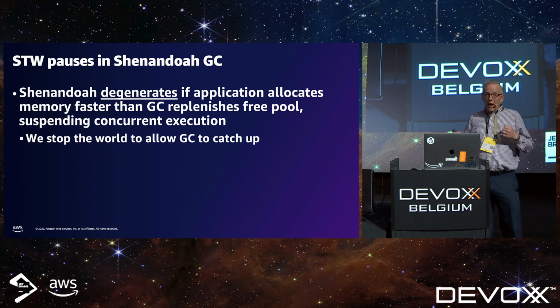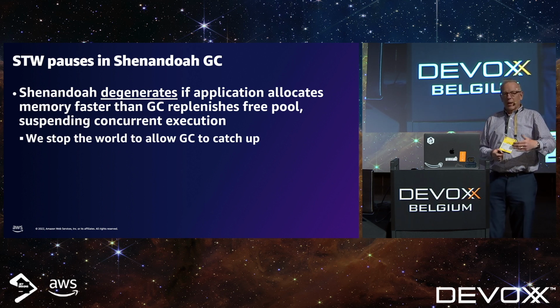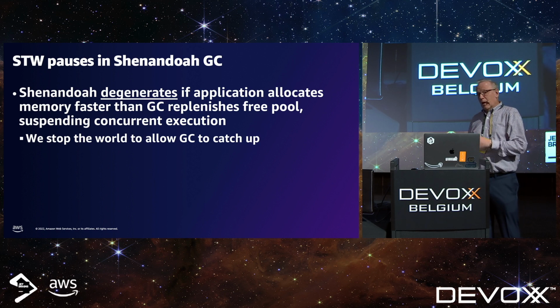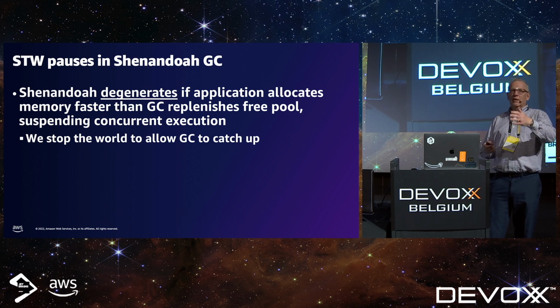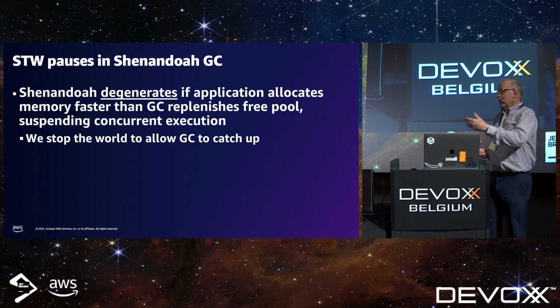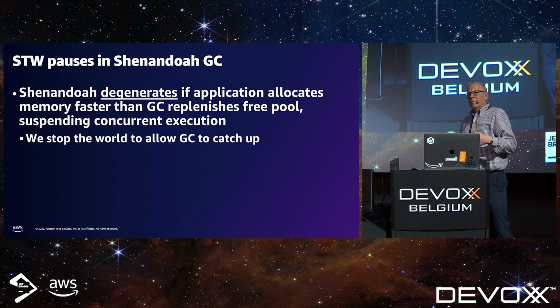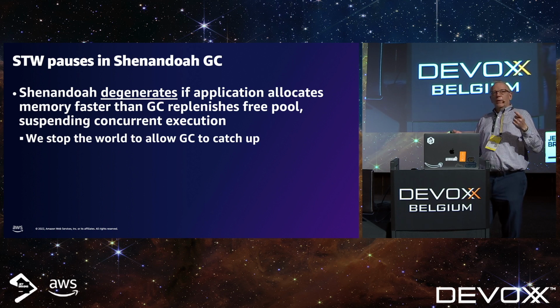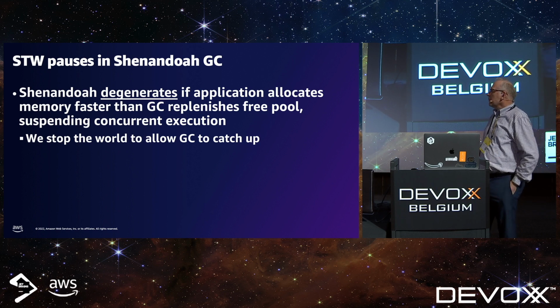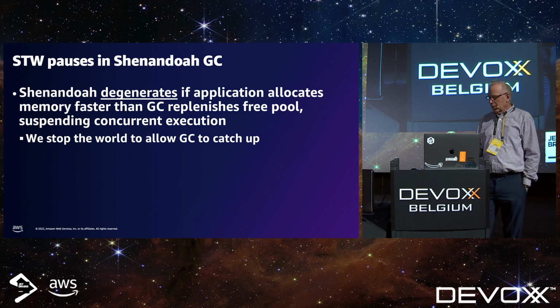The garbage collection says, I've got to replenish the pool. We're about to run out. The application says, I'm trying to run as fast as I can, which means I continue to allocate objects. If they allocate the last bit of memory and the garbage collector hasn't replenished yet, we degenerate. And this stops the world so that the GC can catch up.